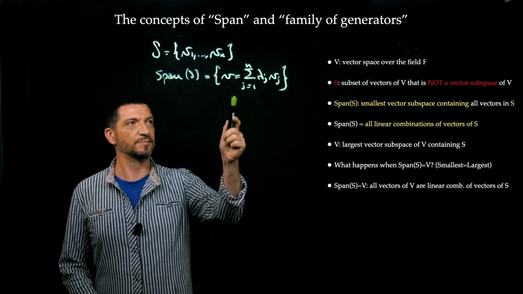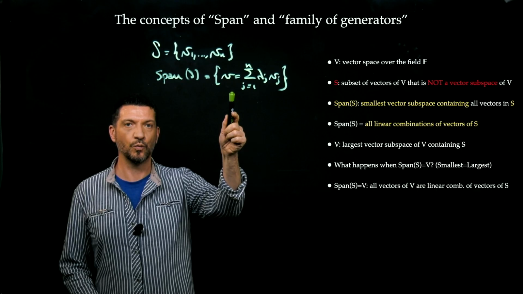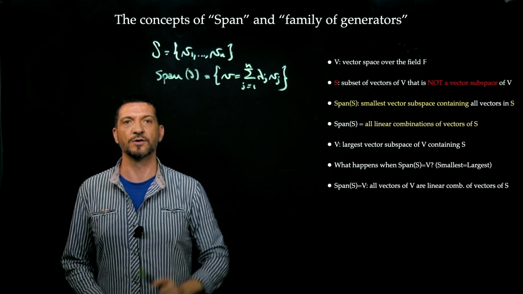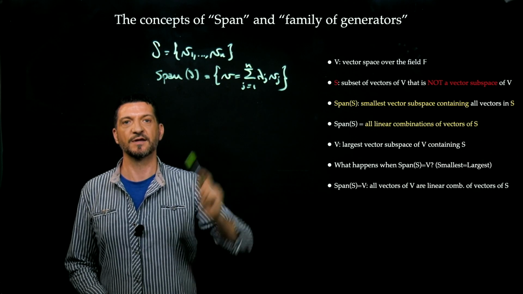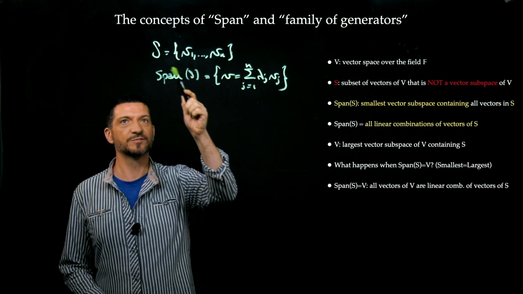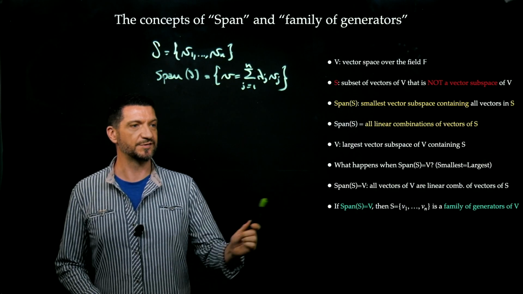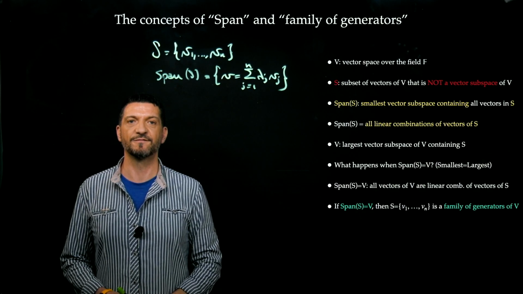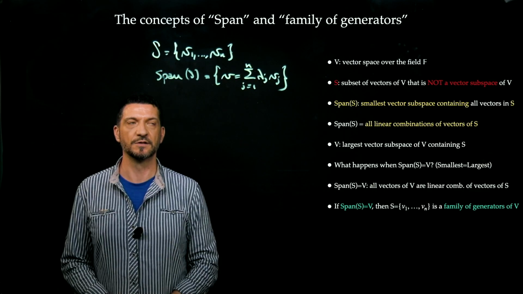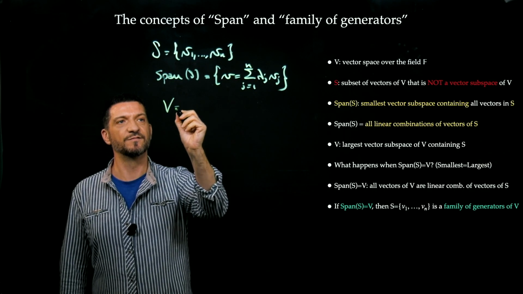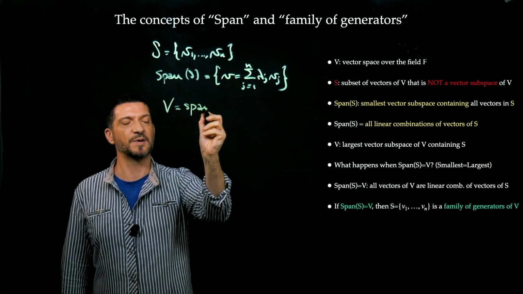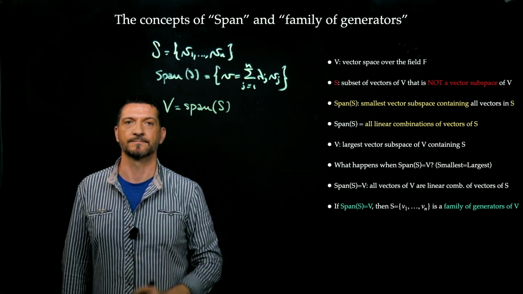For what we have said before, this is the case when every vector belonging to V can be written as a linear combination of the vectors belonging to S. If this happens, then we say that S is a family of generators for V. And in this case, we have that V can be written as the span of S.